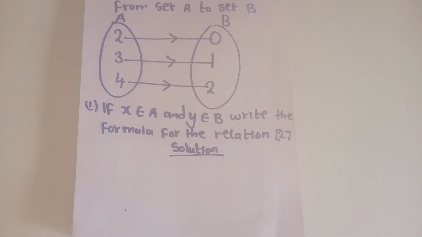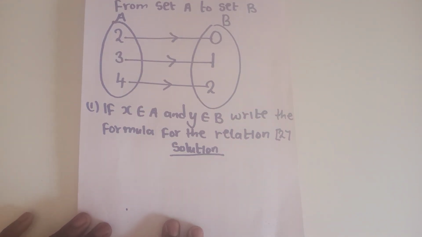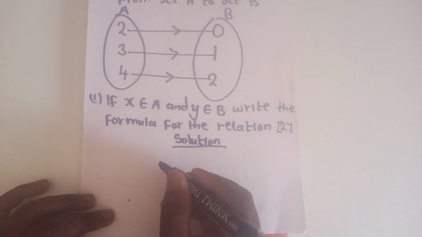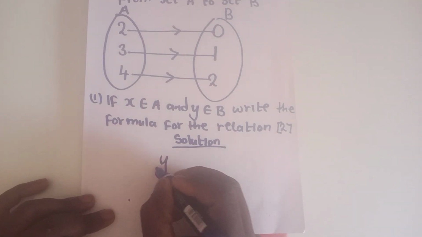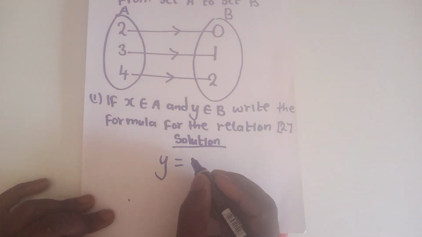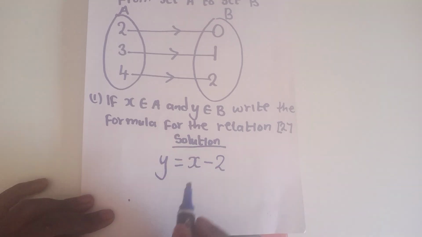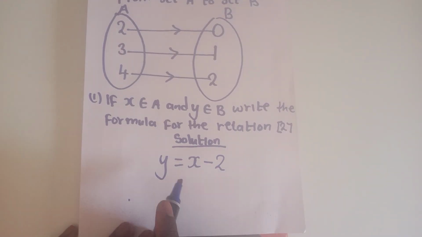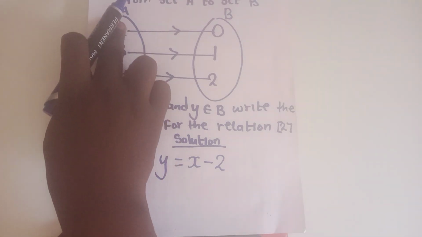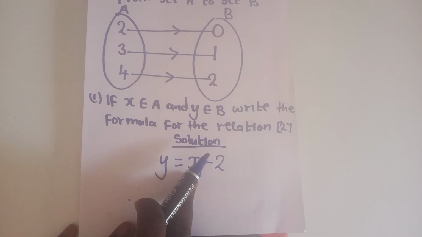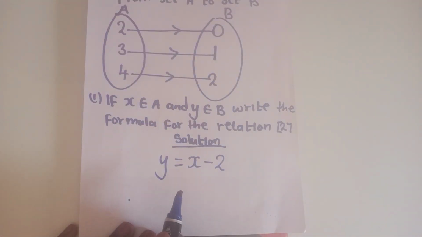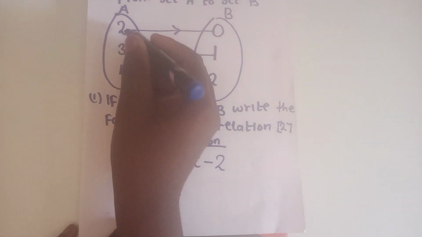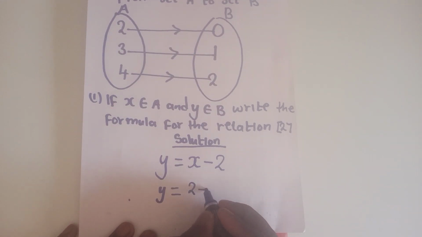So how do you come up with the formula when you have been given a question like this? The first thing you do is plug in a formula. You say y is equal to, let's try to test this one, x minus 2. Why did I say x minus 2? I want to get the values in A, put them here, and see if it will give me these. So y is equal to, here x is 2, minus 2.